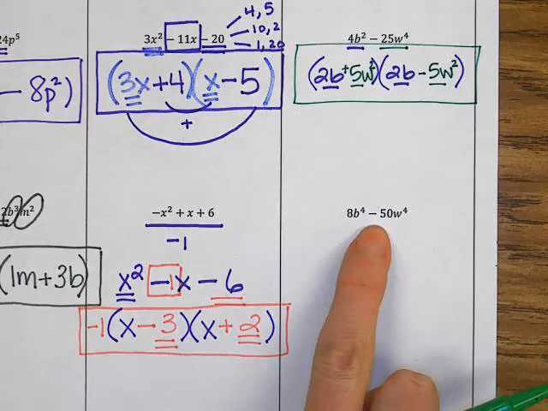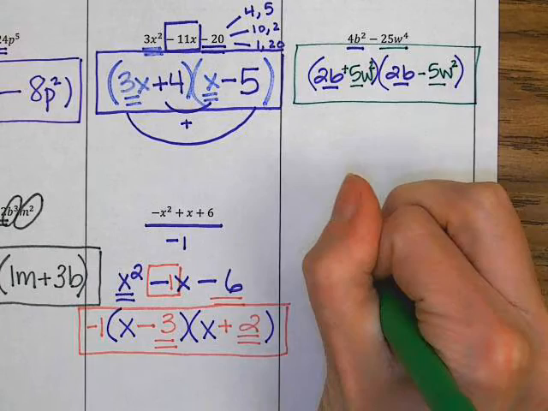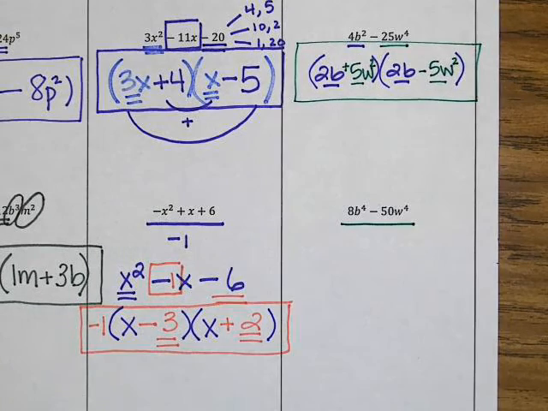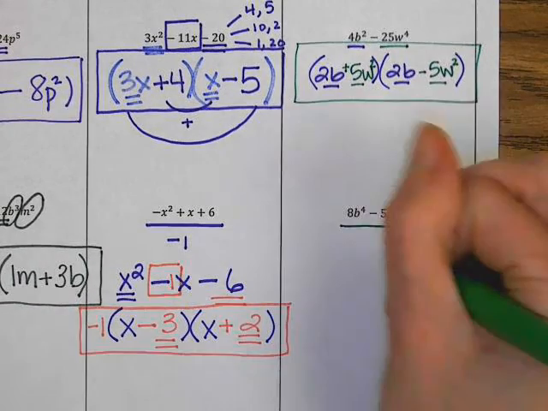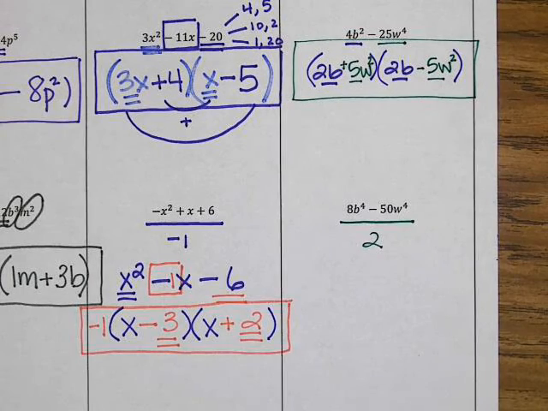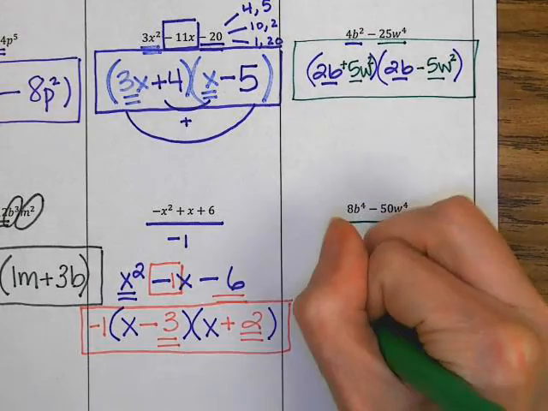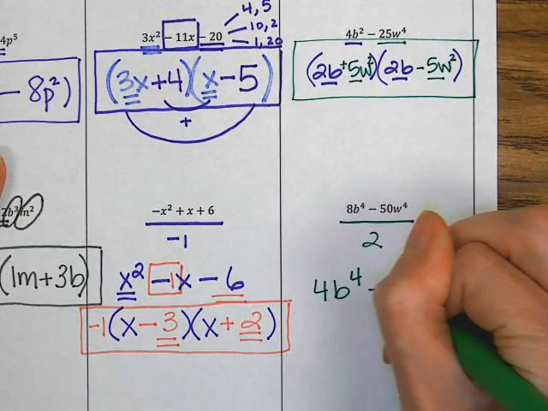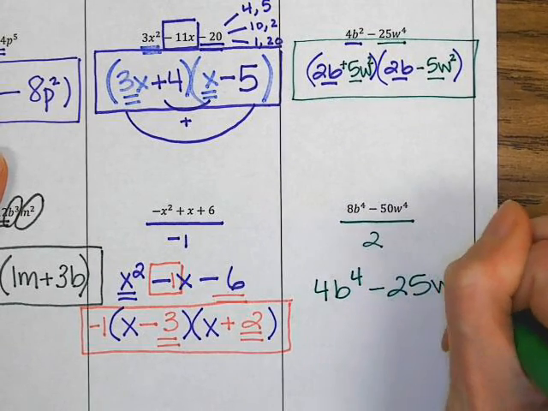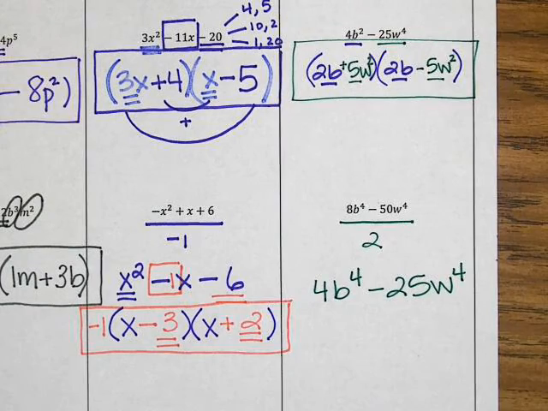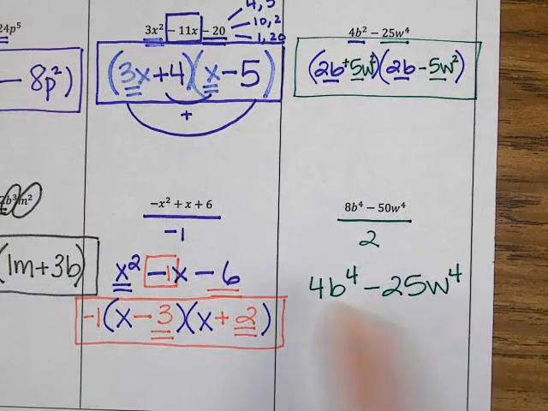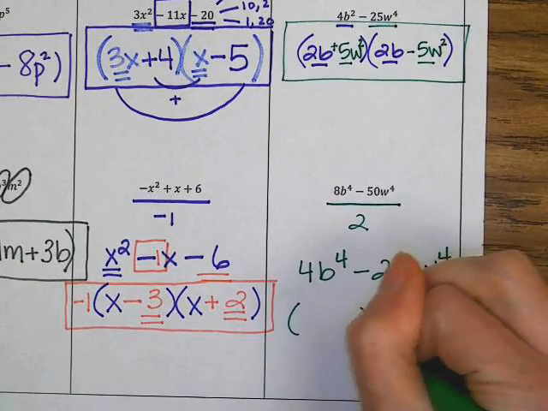Now this one, there's a GCF. What can you guys divide 8 and 50 by? 2. So first we have to take out the GCF. We're left with 4b to the 4th minus 25w to the 4th. Now these are perfect squares, and now we can use our trick.